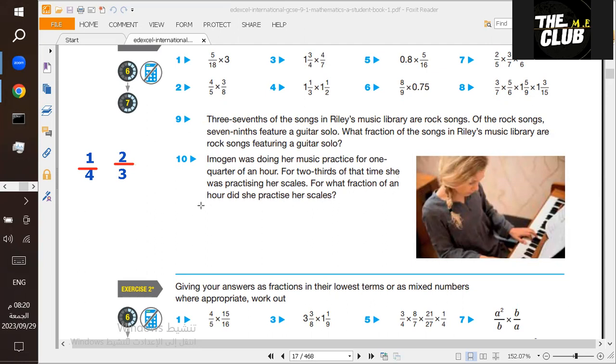For what fraction of an hour did she practice her scales? Always write the fractions one by one, even while reading the question. When it says 'of', we know it's multiplying. So I'm going to multiply these by each other.